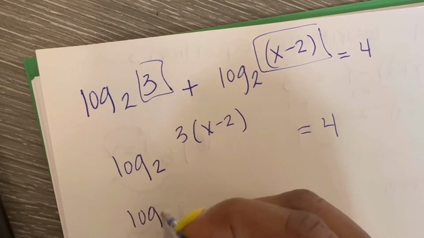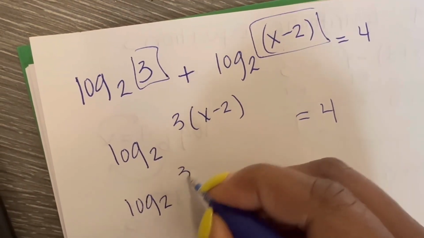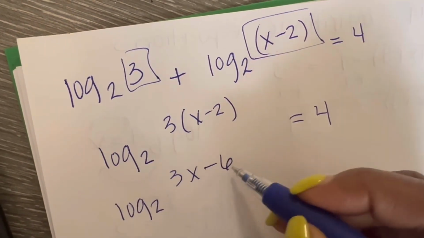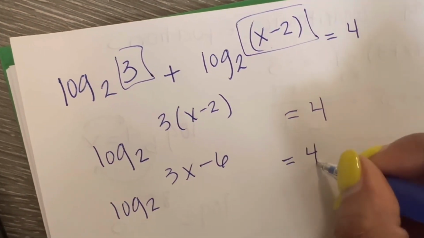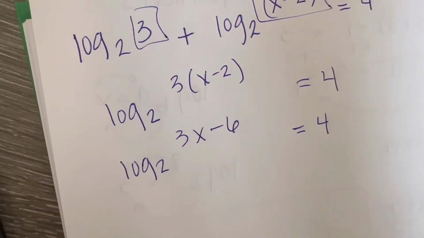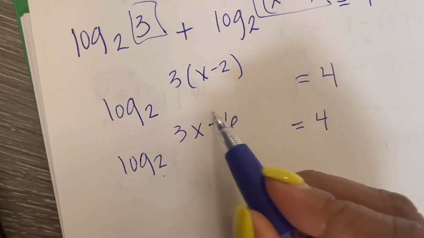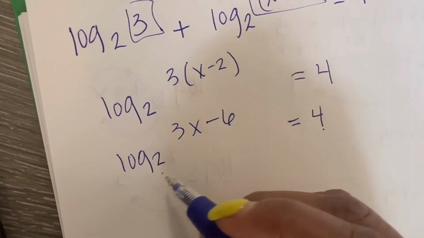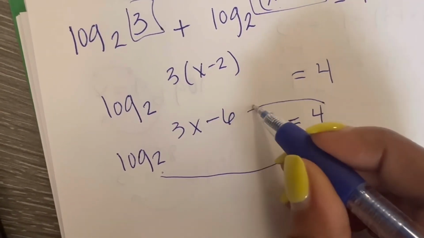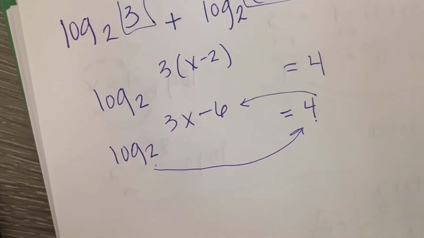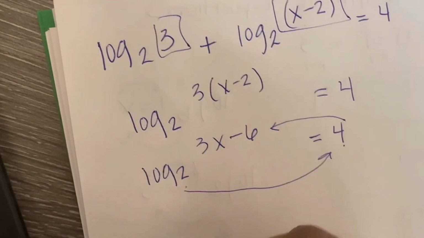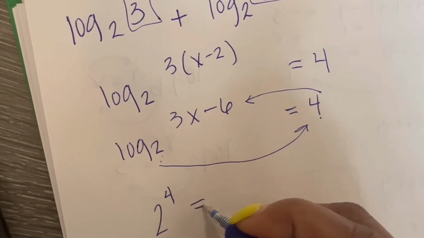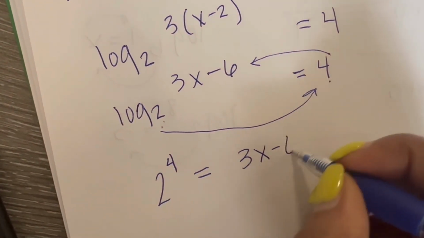So log base 2 of 3 times x, 3 times negative 2 is 6, minus 6 equals 4. Make sure you notice this pattern. If you see a base, you see an argument, and you see an exponent, do your circle of life. All right, so that means 2 to the 4th power equals this argument.